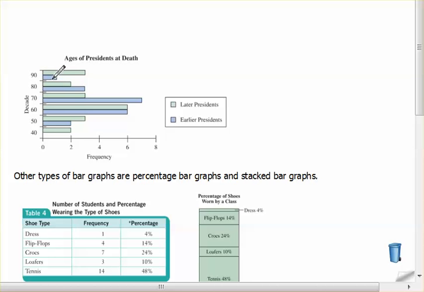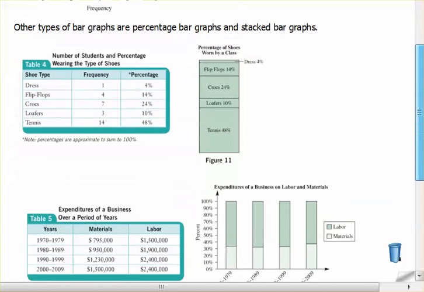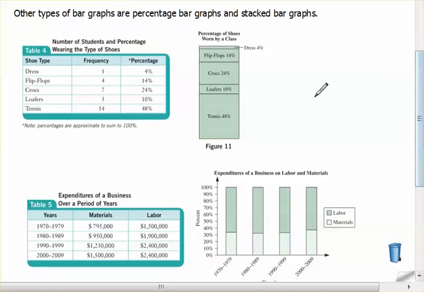Now there are other kinds of bar graphs out there. Some of them are used more often than others. This percentage bar graph is probably not used as often as you would think, but they've taken a single bar and listed each one of their categories: dress, flip flops, Crocs, loafers, and tennis shoe.